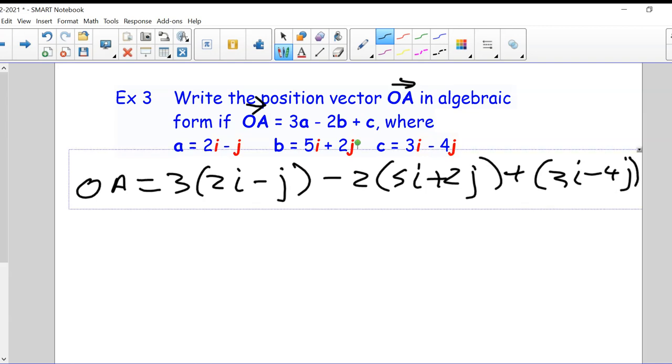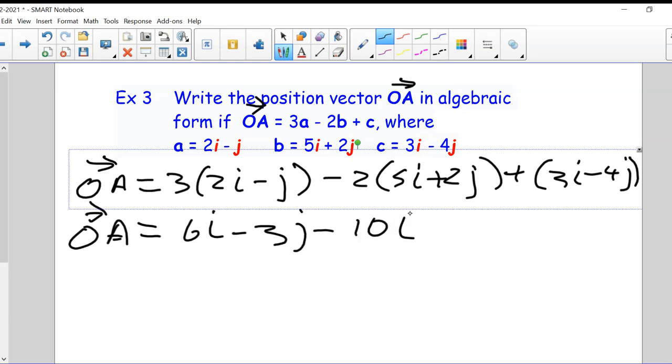And the rest of this is just regular, ordinary algebra. So my OA vector, the final position vector, by combining all of these together, would be 6i minus 3j minus 10i minus 4j plus 3i minus 4j.